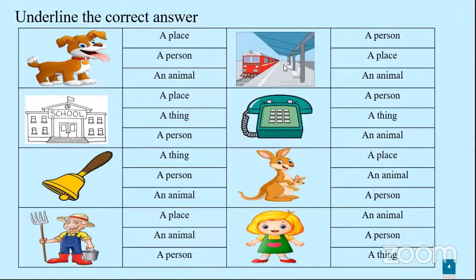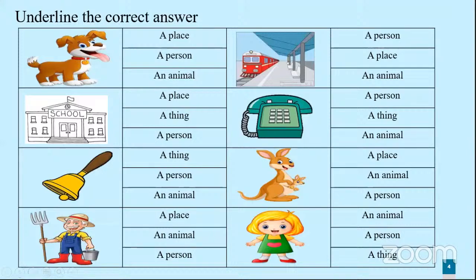Right, let's discuss the answers. I think you may have finished the activity. In the first picture, you can see a dog, and there are 3 words: a place, a person, an animal.